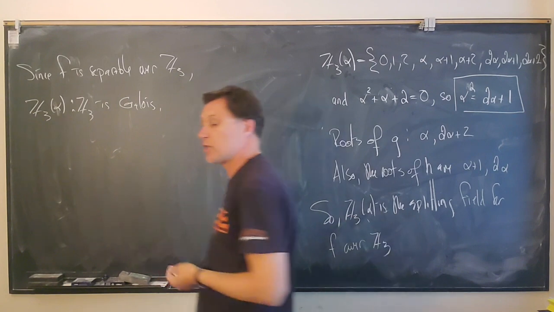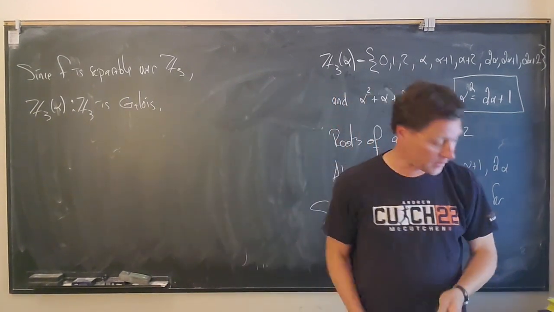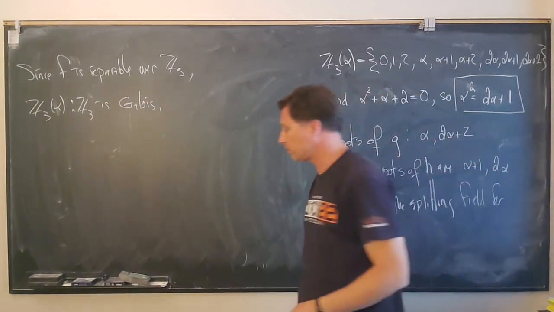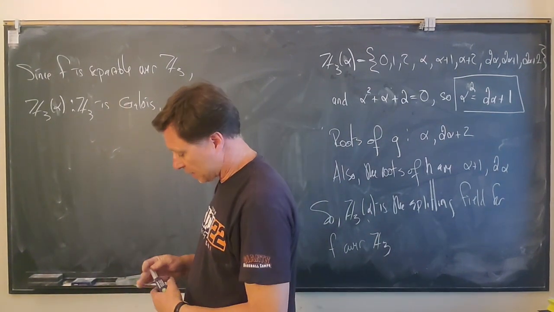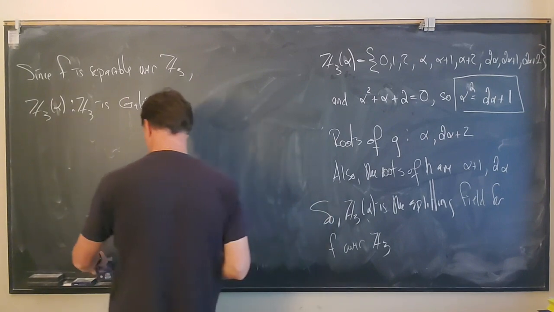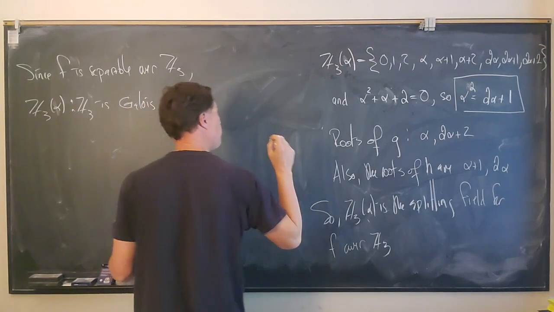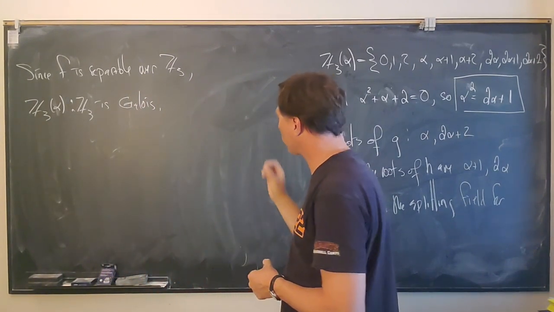It's a finite extension. It's normal because of the splitting field. Now we have separable. That tells us that we've got a Galois extension. And so what does that tell us? It tells us that the degree of the extension matches the order of the Galois group.